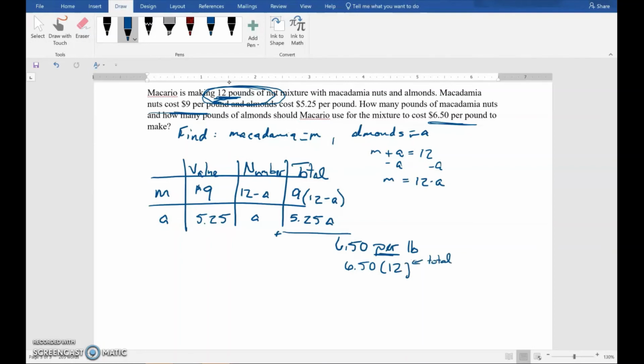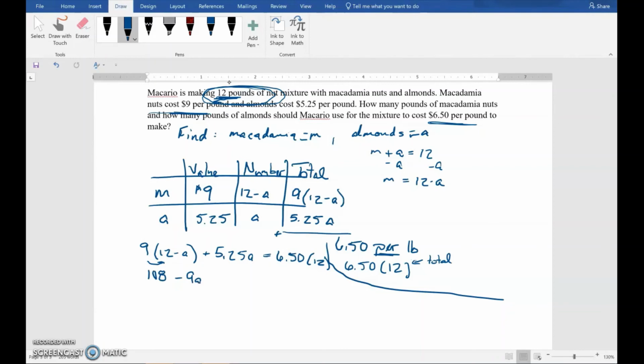Right? Okay. Well, let's put all that together. So now I've got my equation is going to be 9 times (12 minus A) plus 5.25 times A is 6.50 times 12. Okay, distribute this in. 9 times 12 is 108.